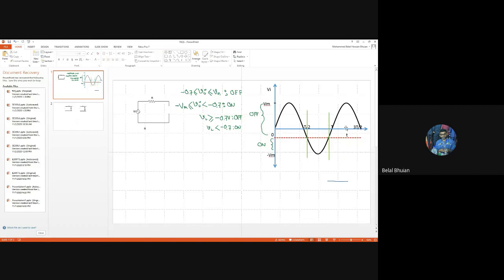You see, this vertical line is intersecting the time axis. The point where it is intersecting the time axis, let's call it T1.